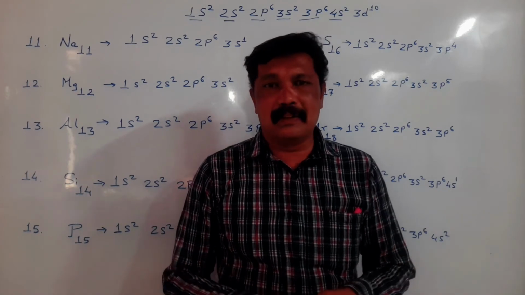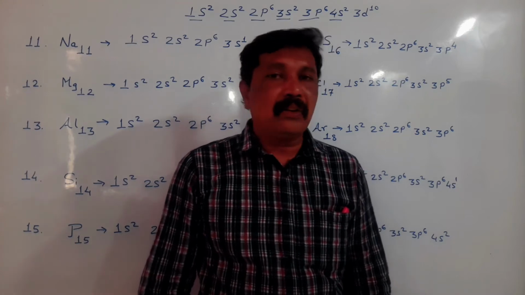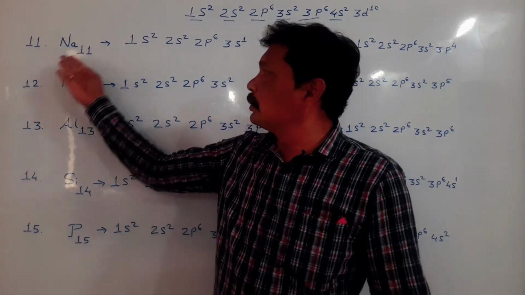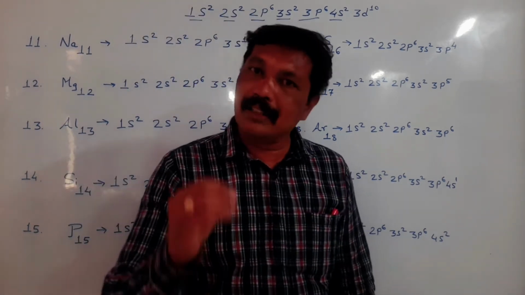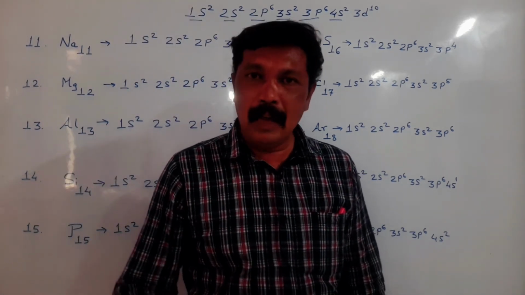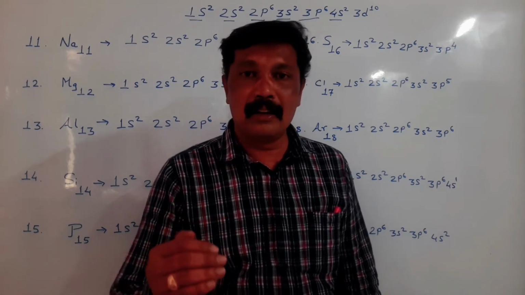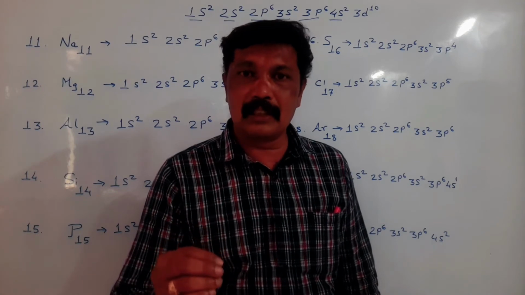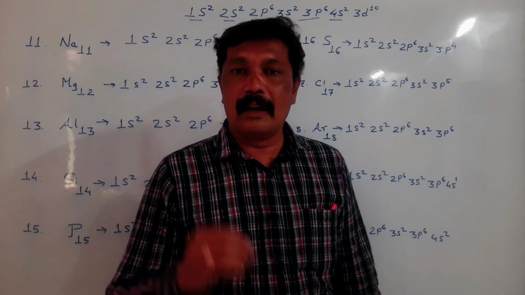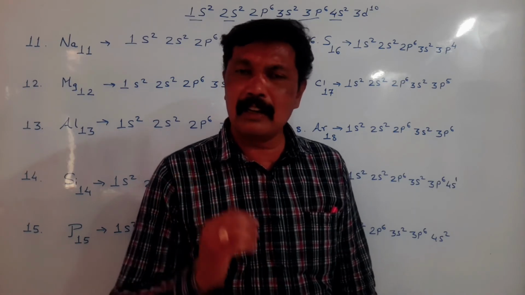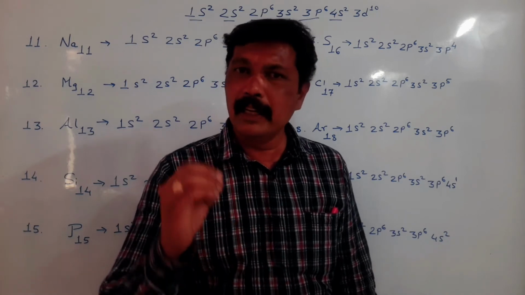My dear student, we have written this electronic configuration from element sodium to calcium for a reason. Now we are going to study or verify the electronic configuration according to Niels Bohr and try to find a satisfactory answer for the question which we have already discussed.